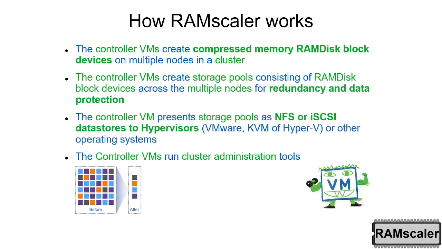Basically, controller VMs are deployed on every physical host as an OVA. Easy to deploy. And these create RAM disks from the memory that's being provisioned to those controller VMs. With a management server, similar to VCSA, vCenter, we connect to all these individual controller VMs and build a very large storage cluster.